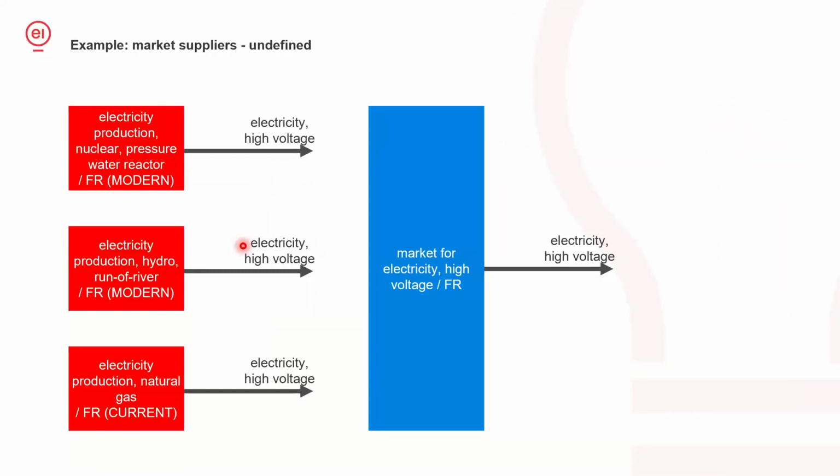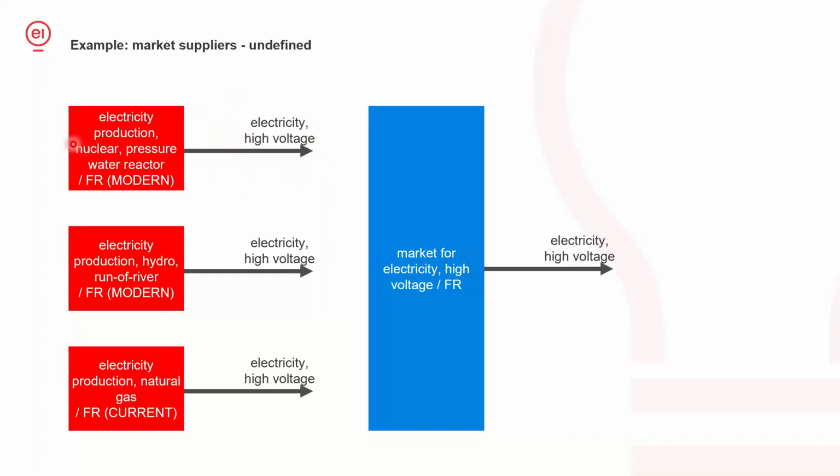So in the market for electricity, when you go to the consequential system model and you evaluate the markets for electricity, you will see that the producers are much fewer than in cutoff, for example. And why does this happen? For example, here for France, we have, let's say, three activities that produce electricity, high voltage.